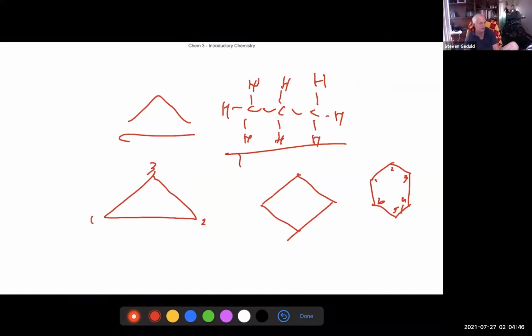If I asked you what this structure was, what would you say? You saw that on your final exam. What is the name of that?